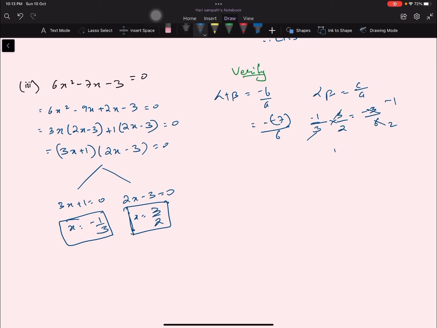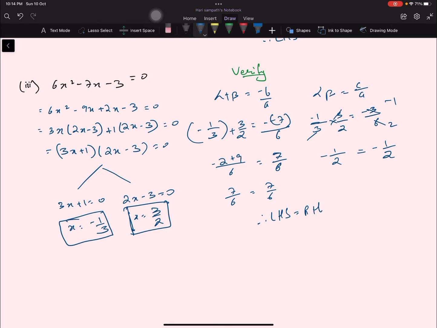You cancel these, you get minus 1 by 2 equals minus 1 by 2. And over here, minus 1 by 3 plus 3 by 2, that is 6. This will be minus 2 and this will be 9. 7 by 6. So this will also be 7 by 6 equals 7 by 6. Therefore LHS equals RHS. This sum is verified.